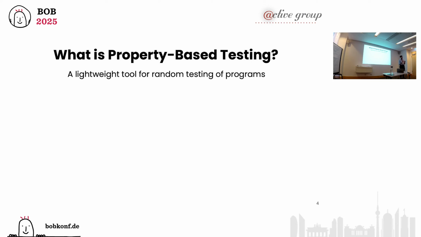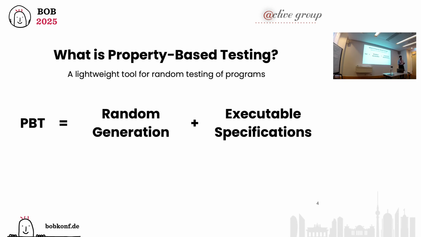So what is property-based testing? Throwing back to the original paper, it is a lightweight tool for random testing programs. And to me, it has two components when you look at it from a very high level. The first one is, of course, random generation.